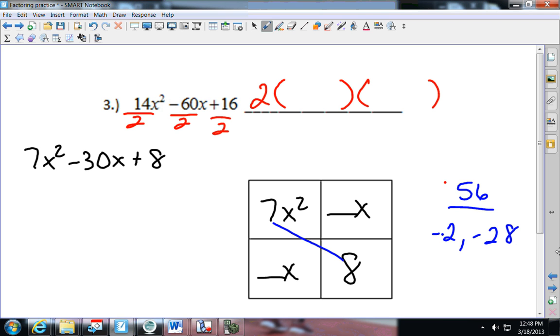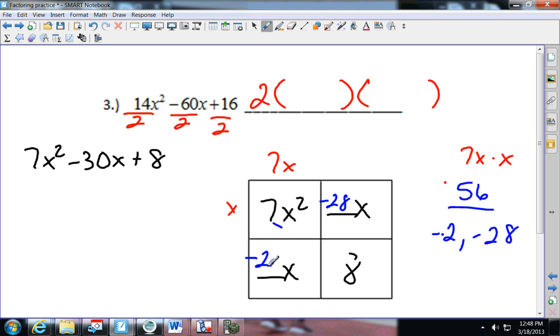So right here, let me erase that little blue line. I should have negative 2 and negative 28. Now I know that 7x squared splits up as 7x and x. So I've got to figure it out. If I put the 7x up here and the x here, 7 times what gives me negative 2?